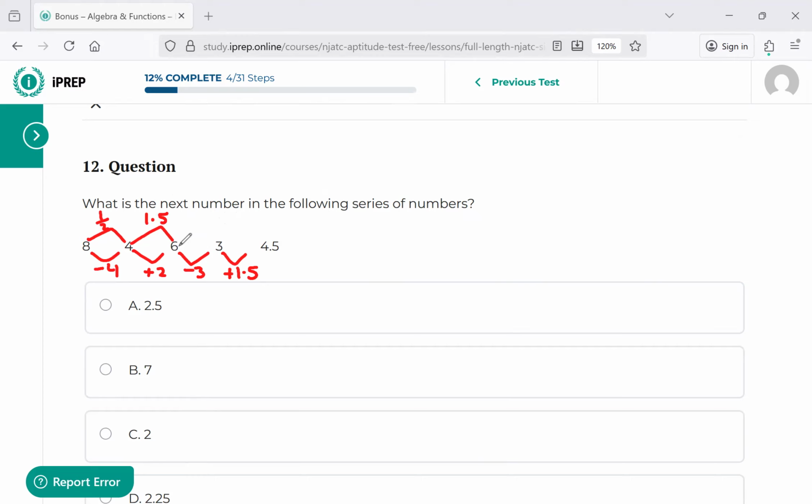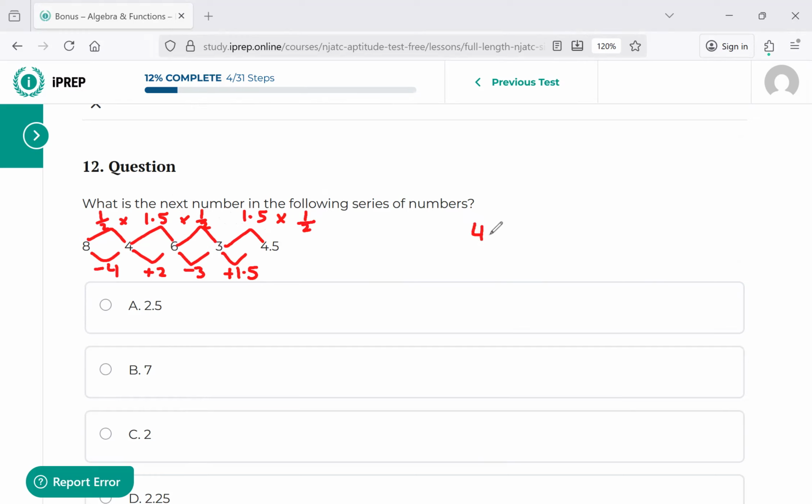From 6 to 3, what did you have to multiply? 1/2. From 3 to 4.5, what did you have to multiply? 1.5. So I see a pattern. It went 1/2, 1.5, 1/2, 1.5. So the next number you have to multiply by is 1/2, right?